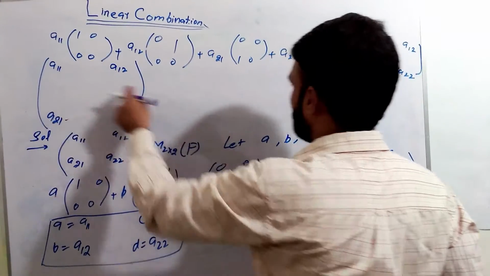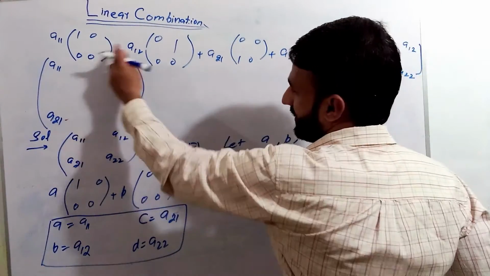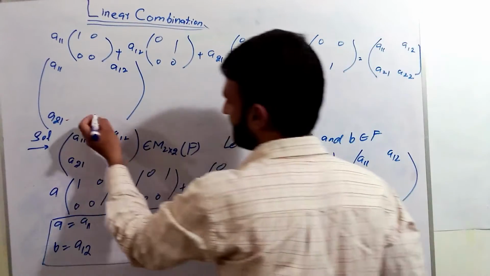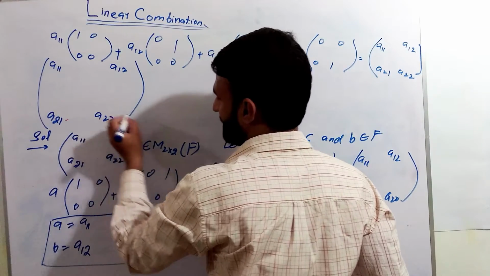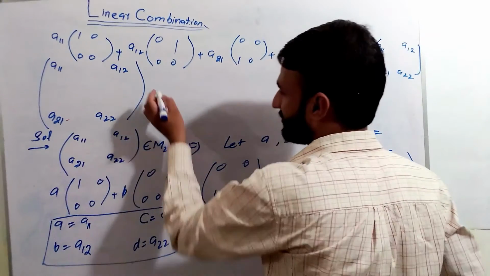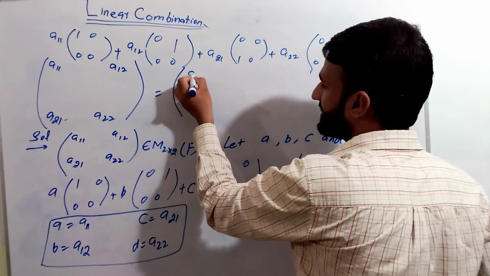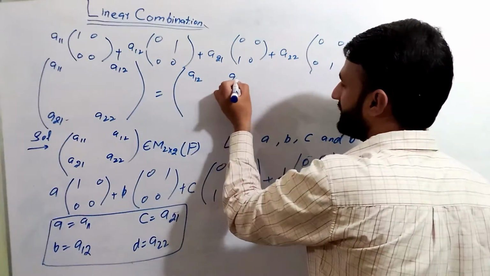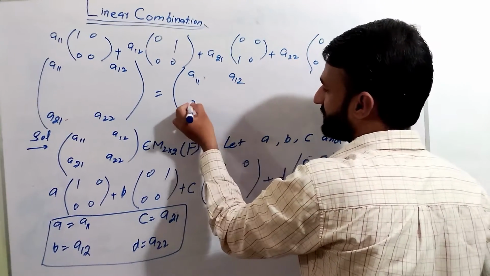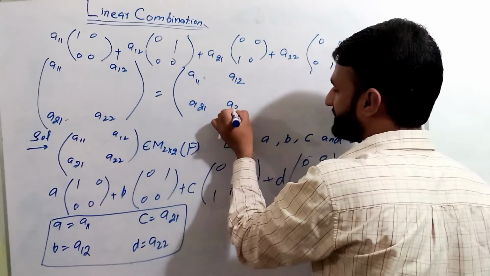For the second entry of the second row, the terms are 0, and we have A22. So this is your left hand side of the expression, which is the same as A11, A12, A21 and A22.